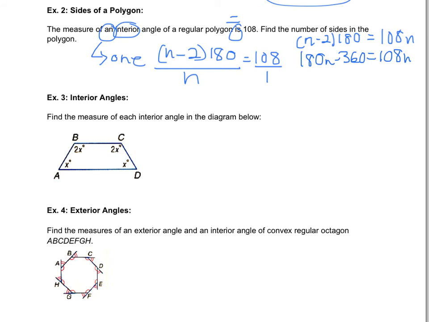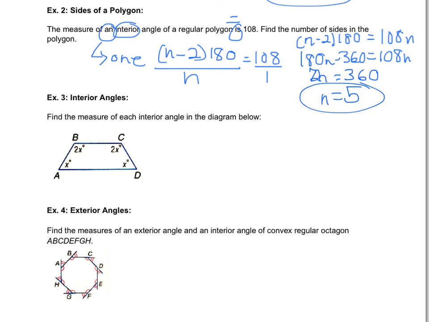Putting our like terms together and moving our variables onto the same side of the equation, we would subtract 108n from both sides, and I think you will agree that we will land with 72n on the left-hand side, and moving the 360 over, a positive 360 on the right. And we solve, and we get, that should be 72, sorry, we get that n equals 5. So this is a pentagon that we're talking about, where the interior angle is 108 degrees.